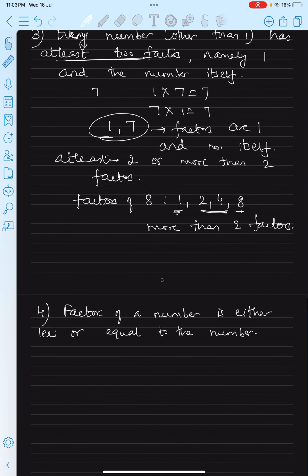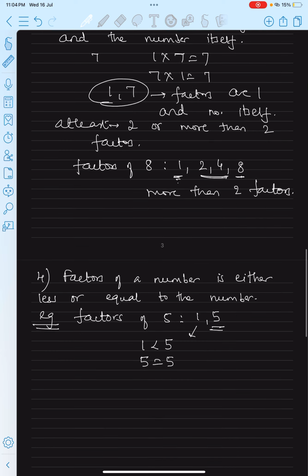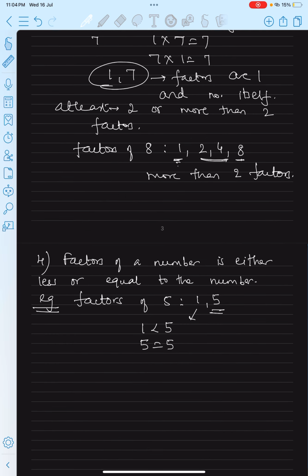The meaning of this is we can take anything. For example, let us write down the factors of number 5. Then they will be 1, 5. So either it is equal to the number or it is less than. As 1 is less than 5 and 5 is equal to 5. So it justifies the statement, that is less and equal.